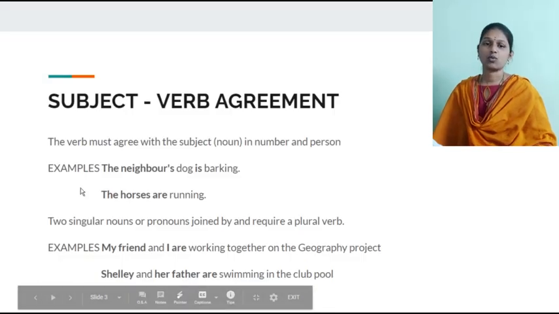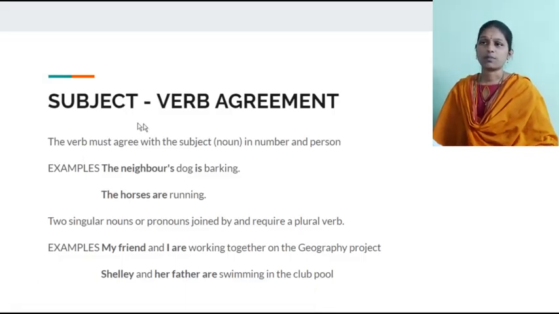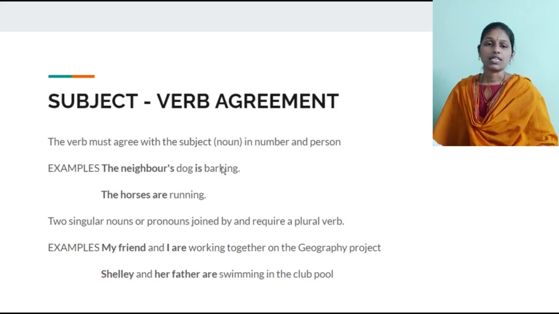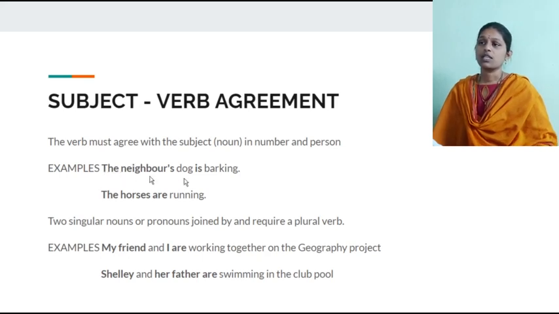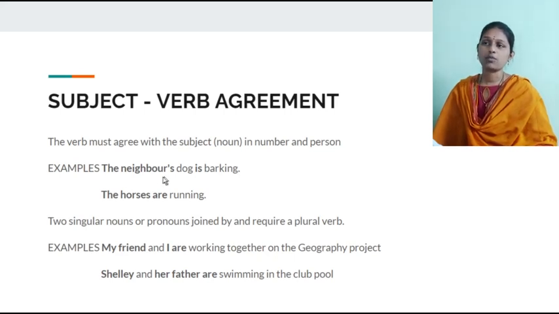Okay, let's now move on. What is subject verb agreement? Let's know what a subject is first of all. A word that does an action is called a subject. For example, the neighbor's dog is barking. So, what is barking here? The neighbor's dog.